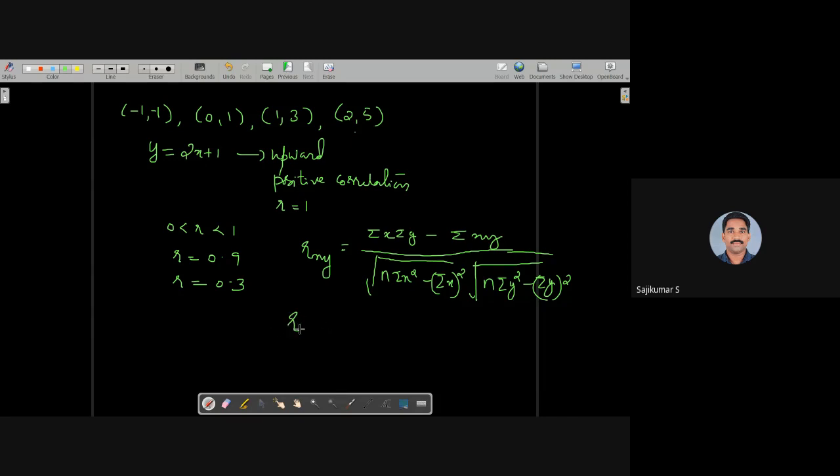It is defined as covariance of x comma y. So we will study detailed properties of this covariance in our last module.